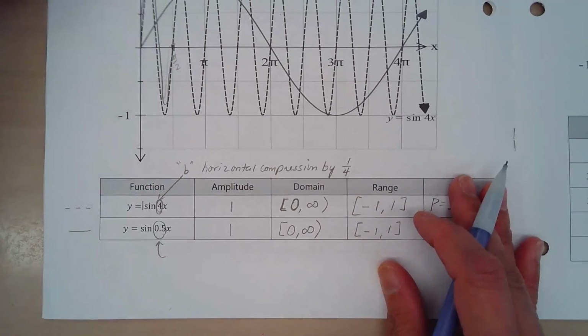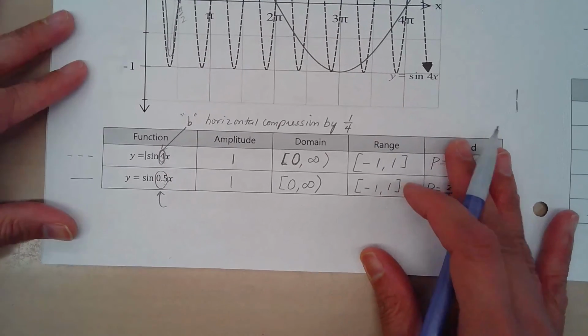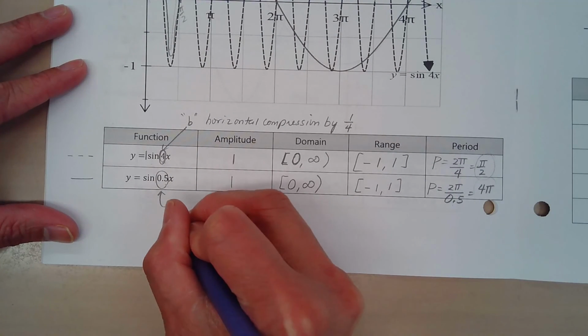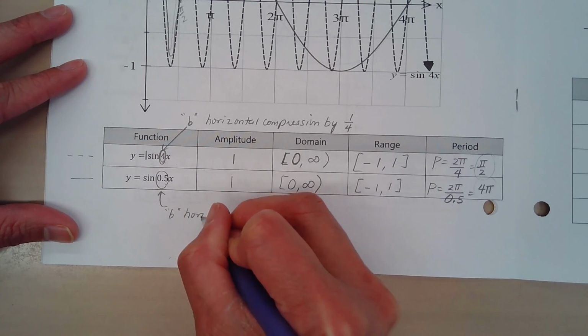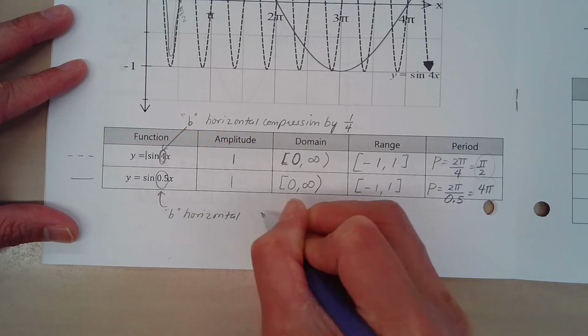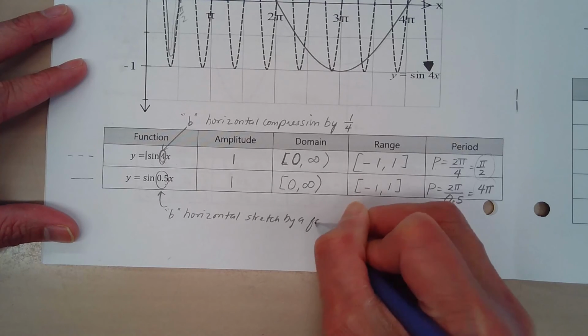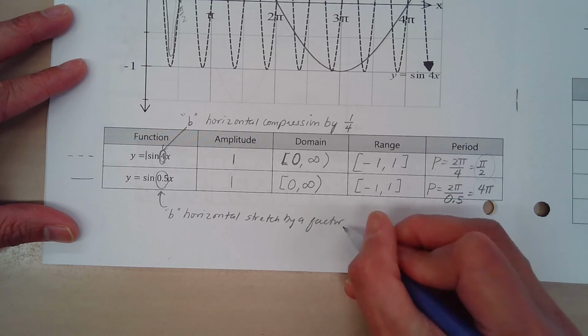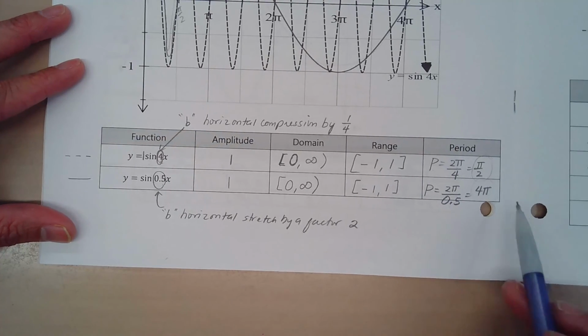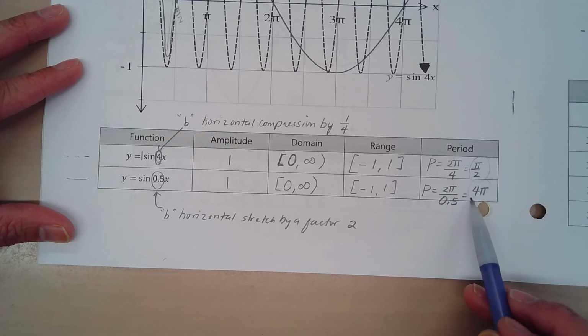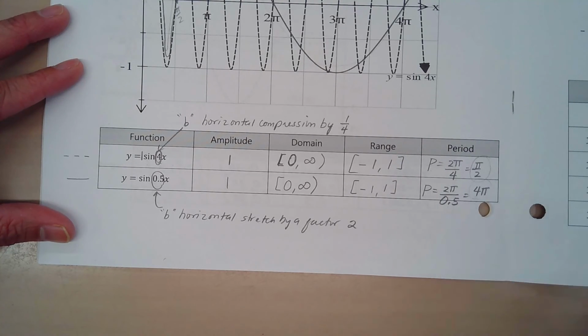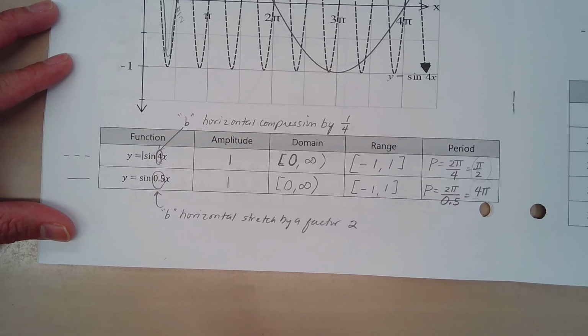What would this be? The b is a horizontal stretch by a factor of 2. So instead of 2 pi, now it's going to be 4 pi, which is 2 times more.